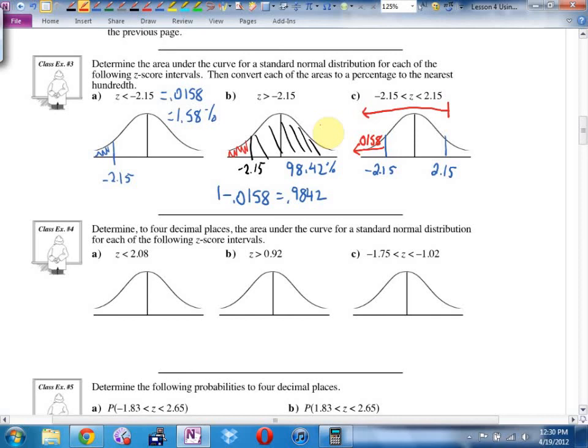Which is from your, find me the z-score of positive 2.15. What's that? I didn't hear you. I'm sorry? 0.9798?